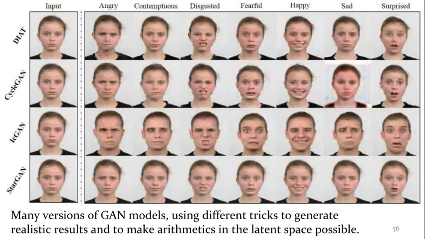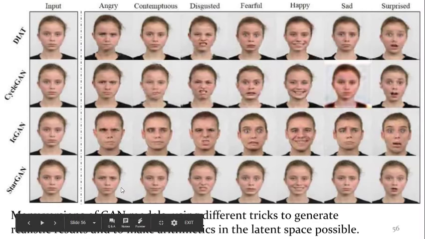I don't know exactly which tricks they are, but for example forcing the cluster of smiling faces to be far away from other faces, so it's easily distinguishable in that space to move around. So that will result in some of them looking more realistic if you move around with it.